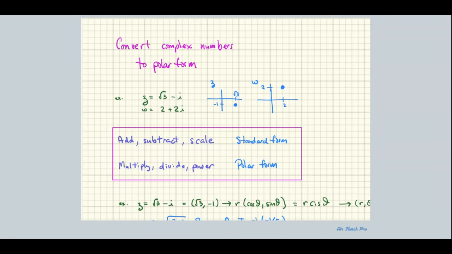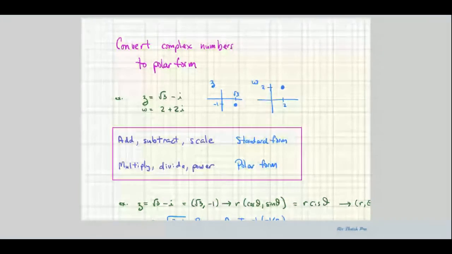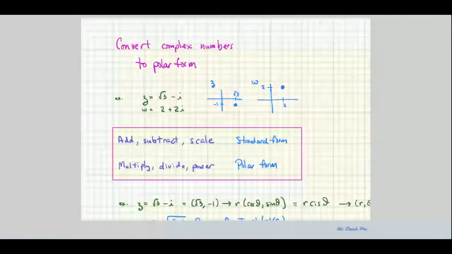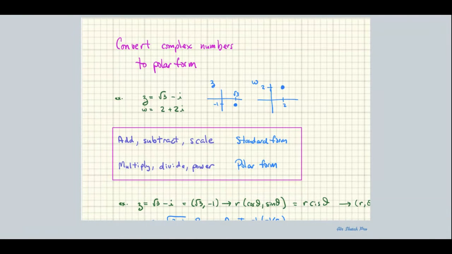Okay, so this is on the Cartesian plane. Z here is given as root 3 minus i, and that means its coordinates are root 3, negative 1. W here is 2 plus 2i, and its coordinates are 2, 2. This is on the complex plane.